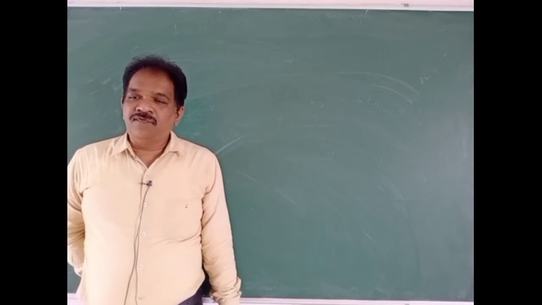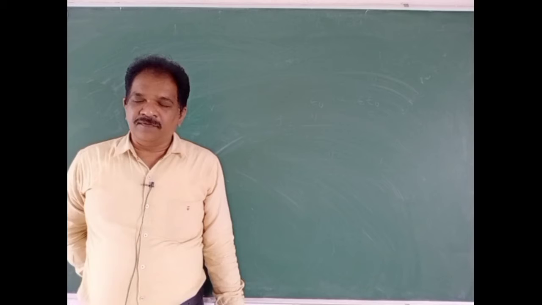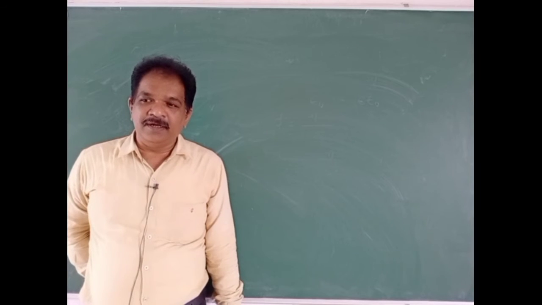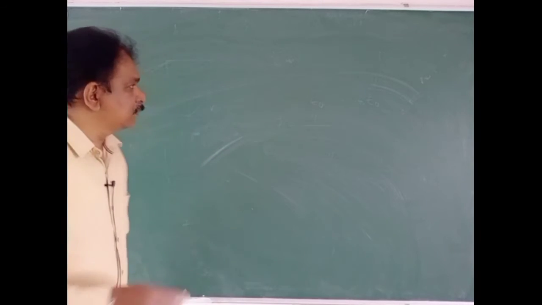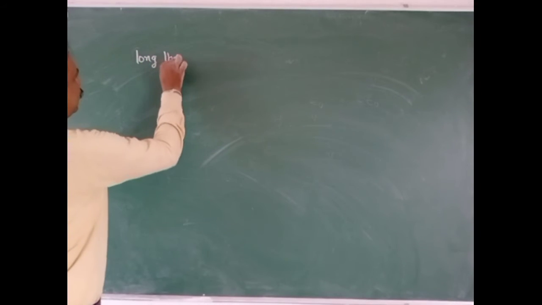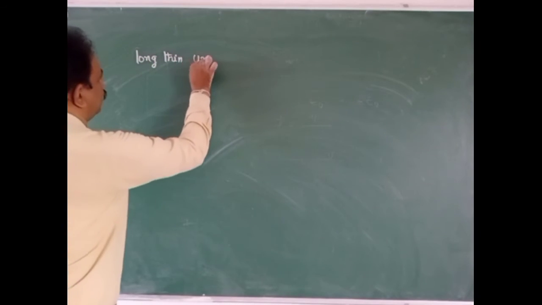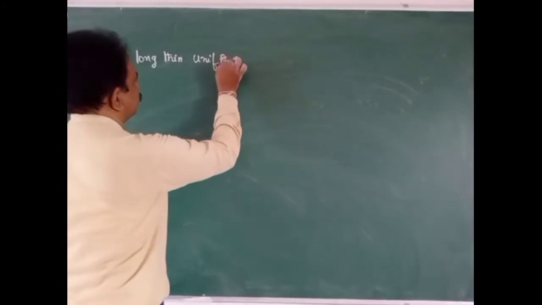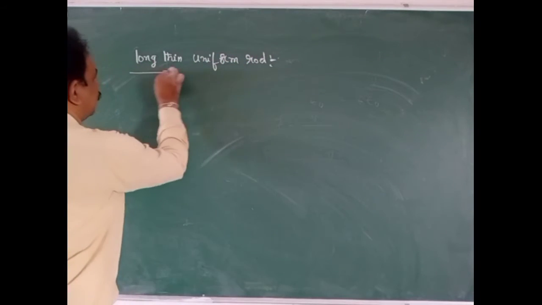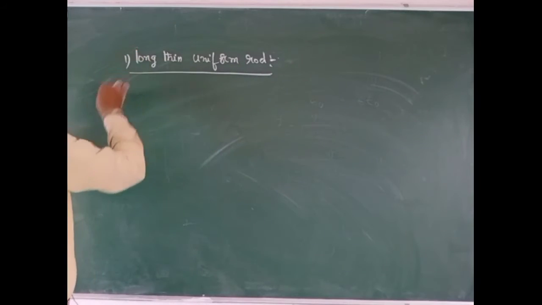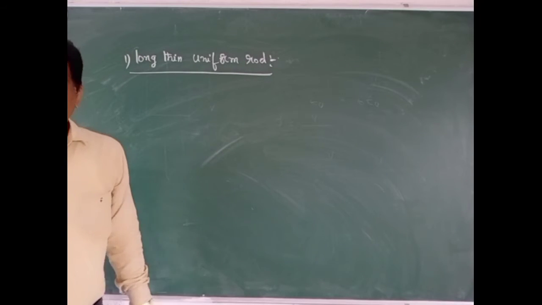What are the formulas for electric field intensity of different shaped bodies? First one, long, thin, uniform rod. All these are the formulas for electric field intensities.